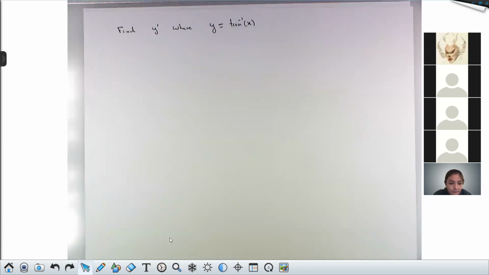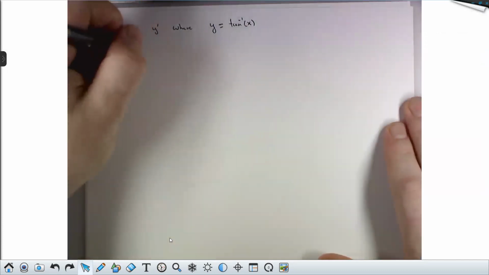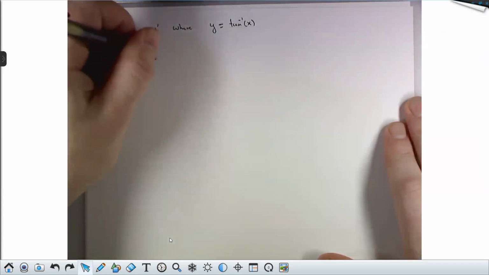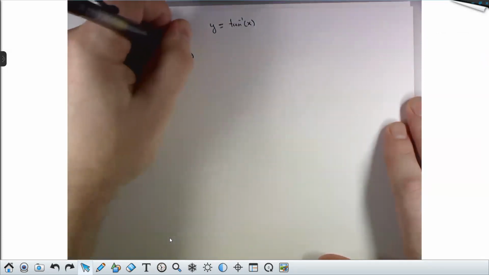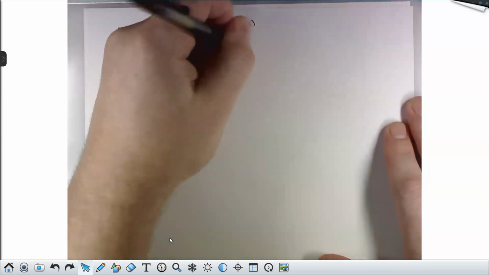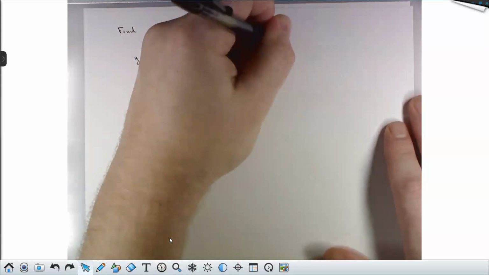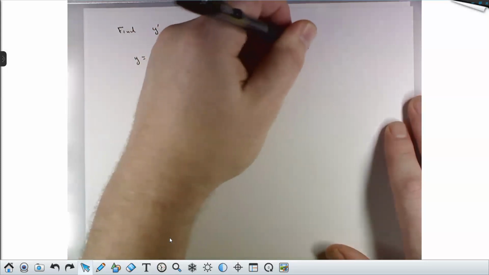We'll do the same thing. I say, okay, y is equal to the inverse tangent of x means the same thing as tangent of y equals x. And here again, negative pi over 2 is less than y is less than positive pi over 2.